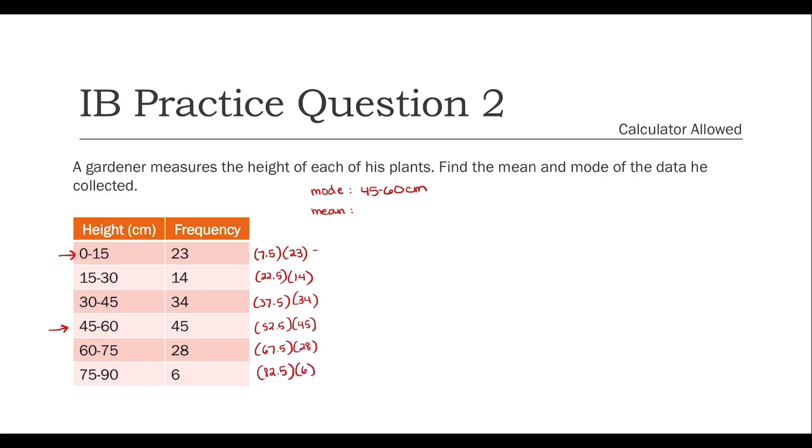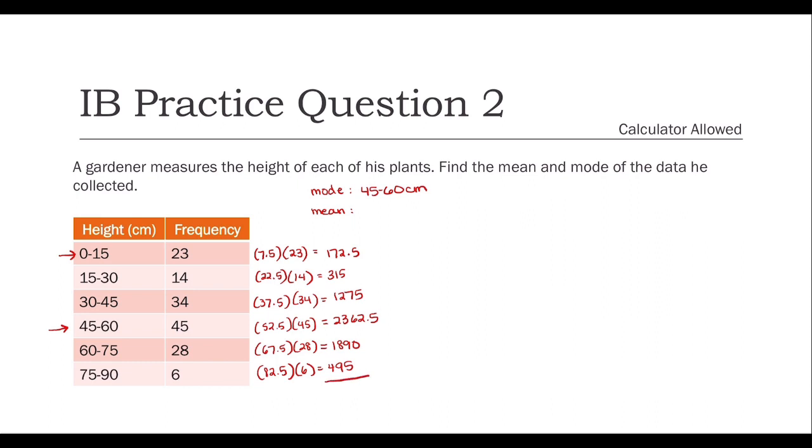So 7.5 times 23 is 172.5. 22.5 times 14 is 315. 37.5 times 34 is 1,275. 52.5 times 45 is 2,362.5. 67.5 times 28 is 1,890. And 82.5 times 6 is 495.